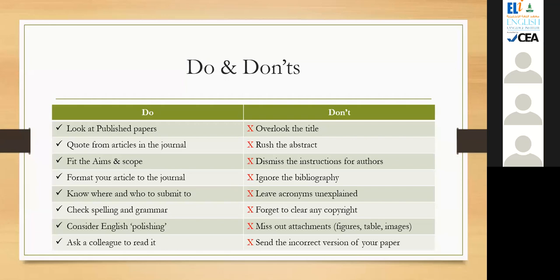So if it says in the title that this is about hearing impairment, that means I expect this article to research about this, okay? Don't rush the abstract. The abstract is very important because most people, when they read any research, will look at the title and then they will look at the abstract.